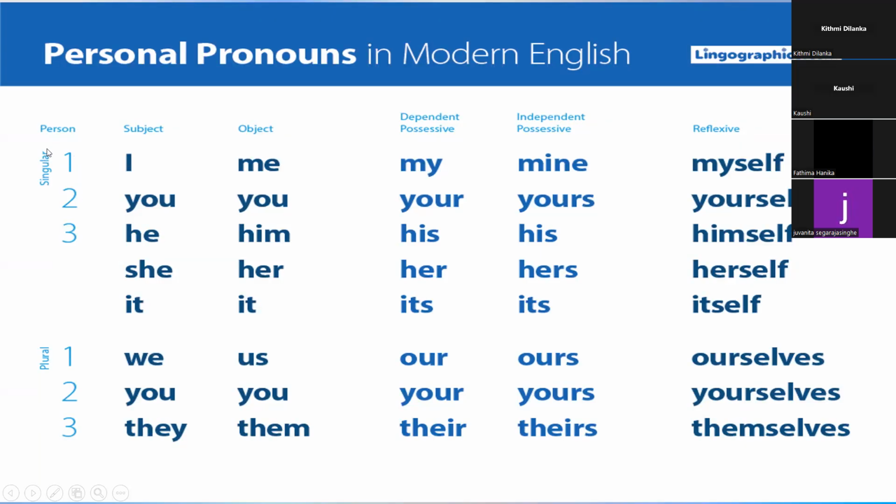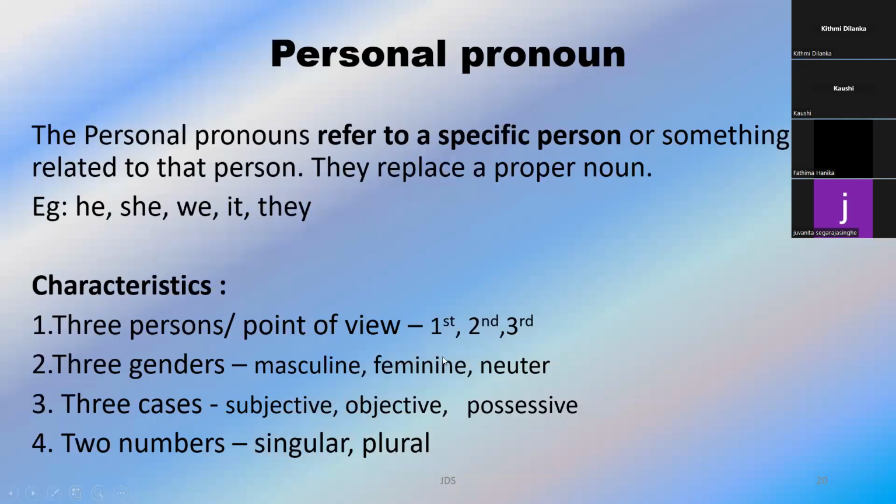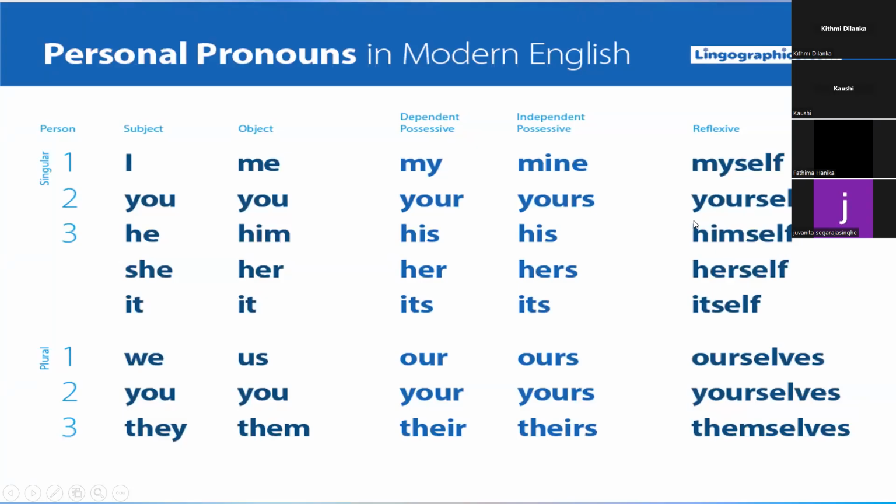Look at the numbers based upon the singular plural distinction. You have these pronouns: I, you, he, she, it, appearing in the subject position, indicating the singular, first person. So all these characteristics are given in this chart. Just go through the chart.